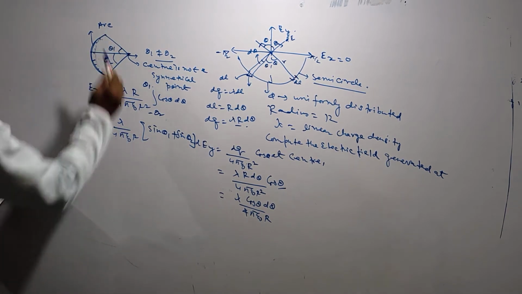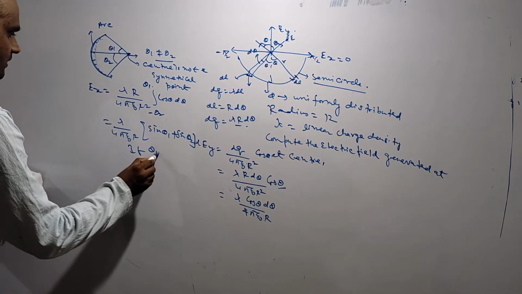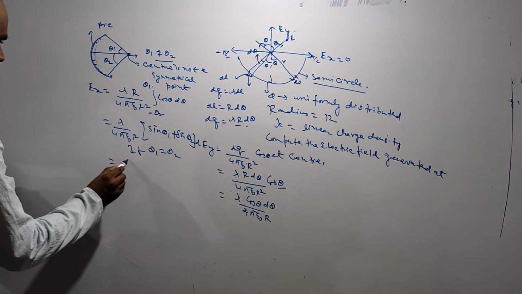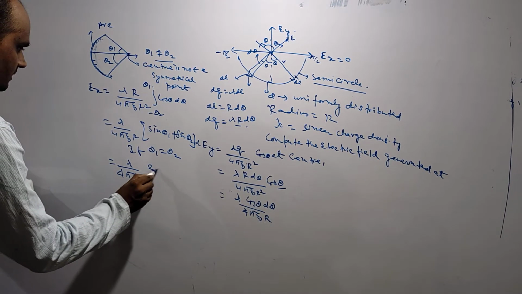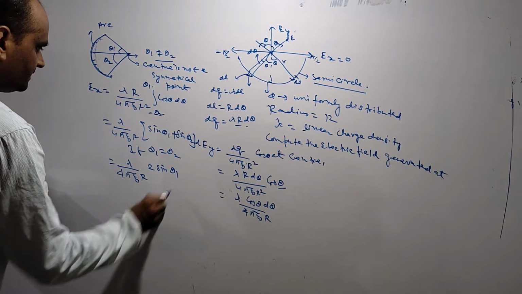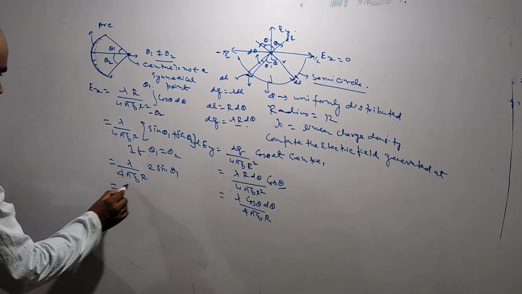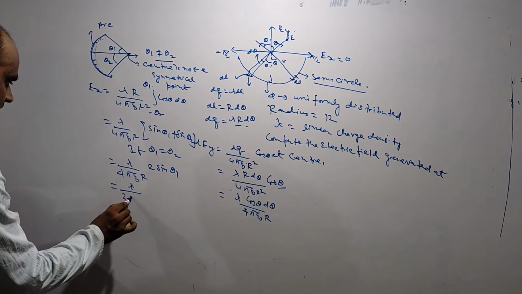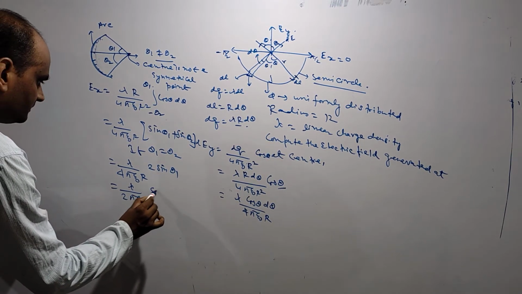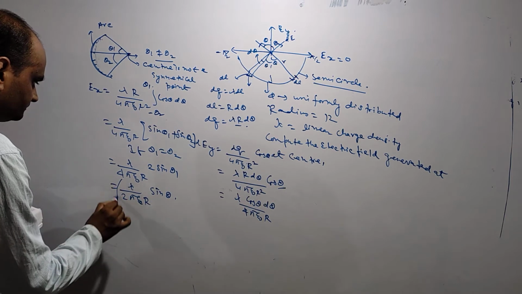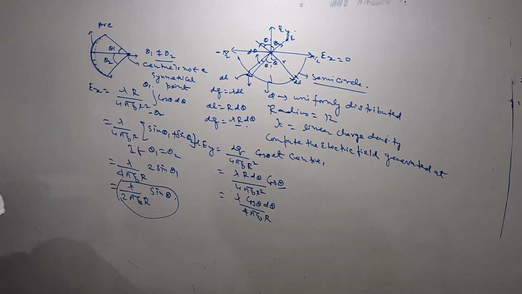If theta 1 is equal to theta 2, then we have lambda over 4 pi epsilon naught r times 2 sin theta 1. So we have the final expression, lambda over 2 pi epsilon naught r, sin theta. This is Ex.